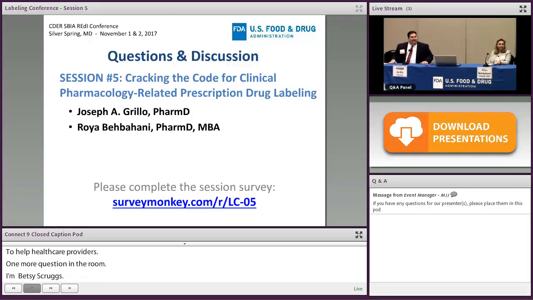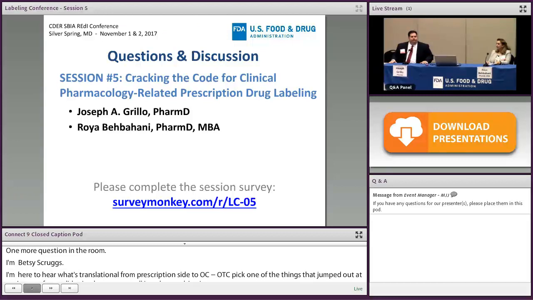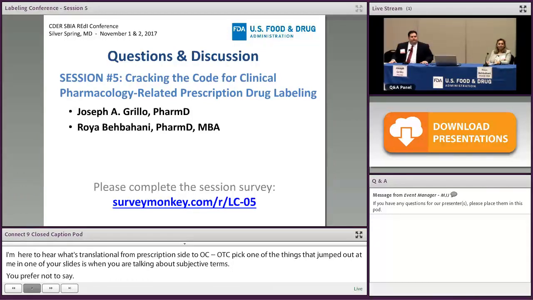Okay, great. So one of the things that jumped out at me in one of your slides is when you're talking about subjective terms we would prefer not to see, especially in the fast, rapid area, which may imply onset. I can see where, of course, if it's defined, it can be useful information.